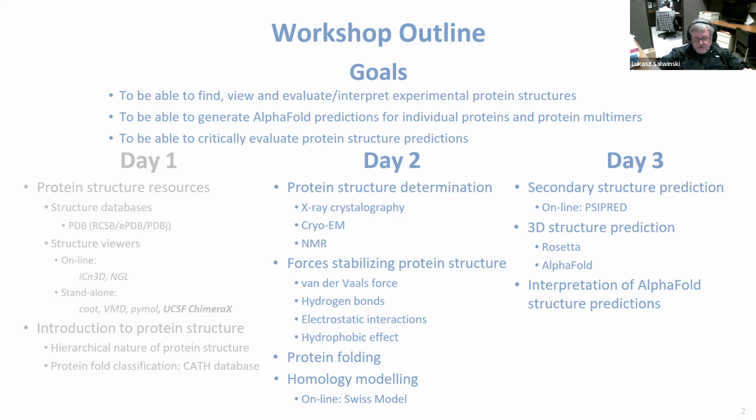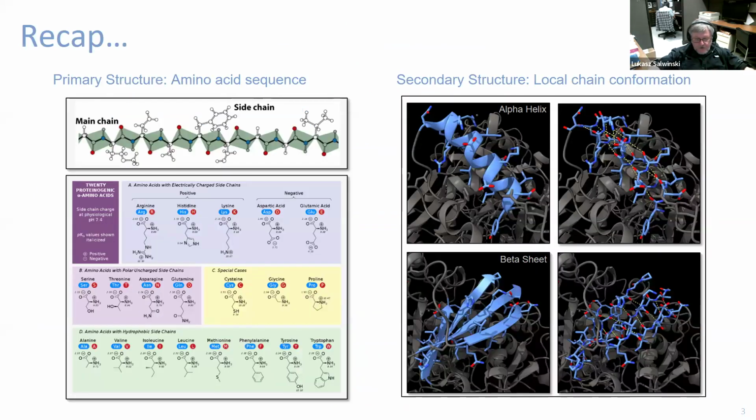Okay, so as far as the recap goes, we covered the very basics of protein structure. This should be, for most if not all of you, just a recap from some intro to biochemistry. That's pretty standard stuff that probably every one of you knows by now. But just to remind everybody, proteins are polymers of amino acids.